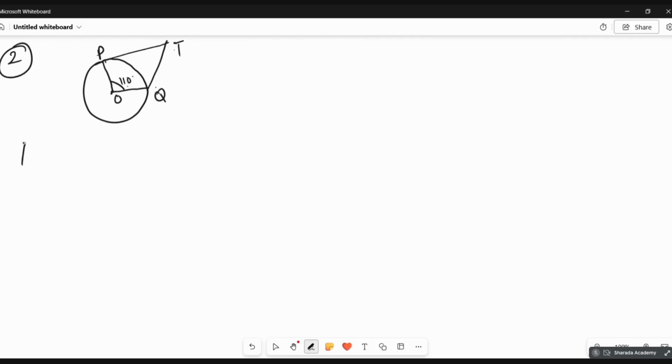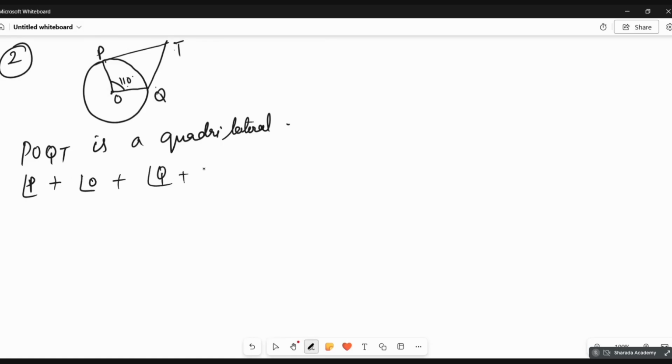POQT is a quadrilateral, and in a quadrilateral, sum of all the angles will be always equal to 360 degrees. So angle P plus angle O plus Q plus T always equal to 360 degree, because sum of all the angles in a quadrilateral is equal to 360 degree.